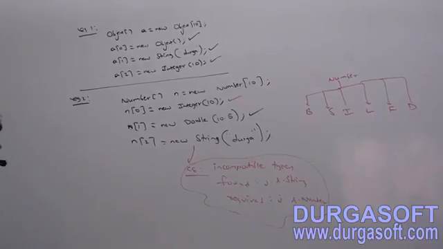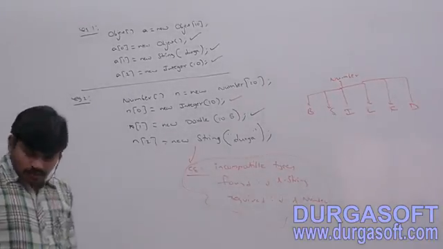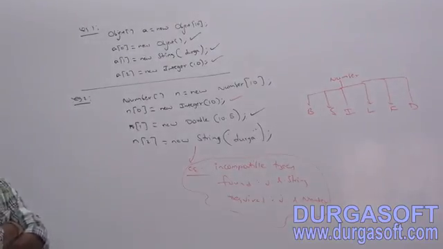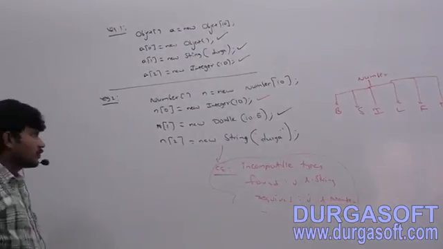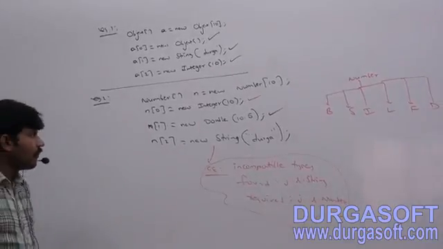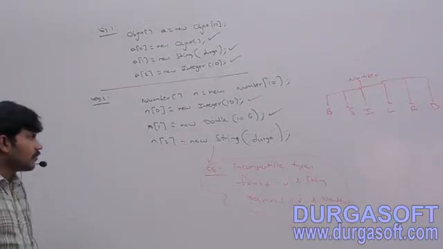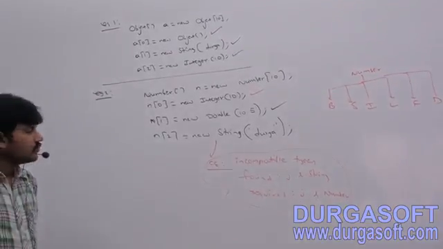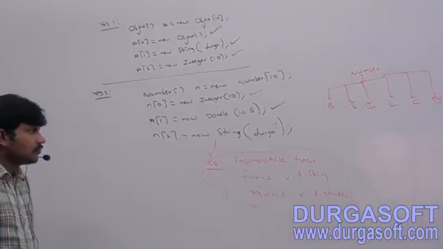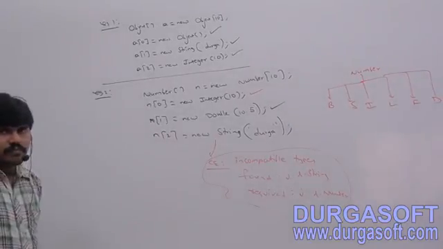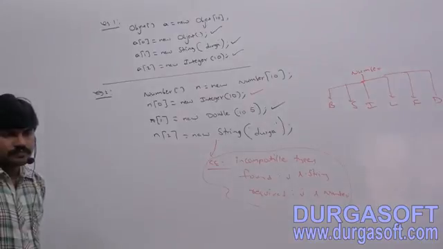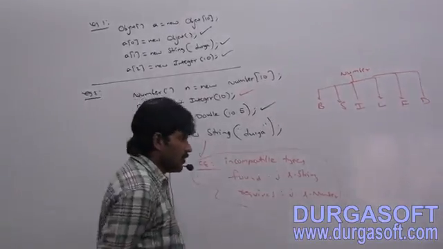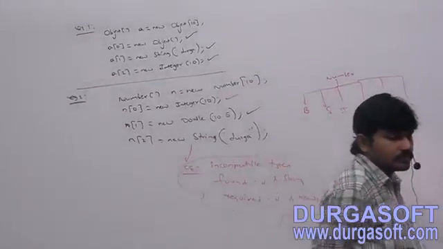Number array n is equal to new Number array of 10. N of 0 is new Integer of 10, then new Double of 10.5. I hope that's completed.